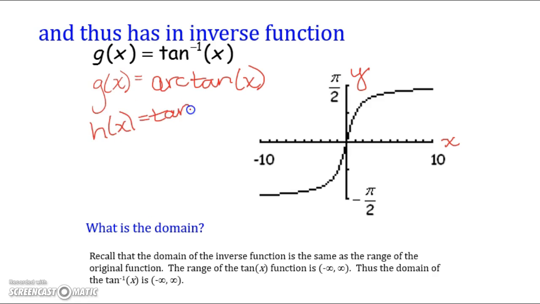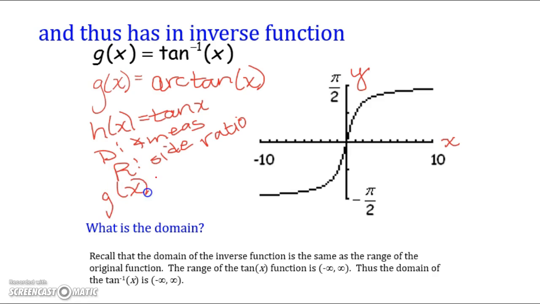So just like we did for the other trig functions, the domain for tangent of x would be an angle measure, where the range would be a side ratio, the side ratio that we get from those triangles. And then for the inverse function, tangent inverse of x, the domain is therefore the range of the original function.